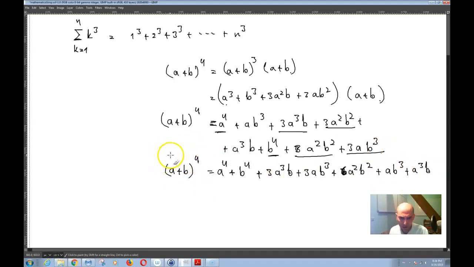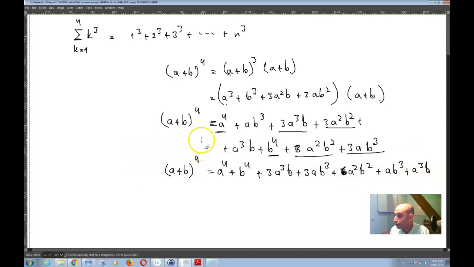You can use the binomial theorem to find this, or you can also use Pascal's triangle, but if you do the algebra you will get this.